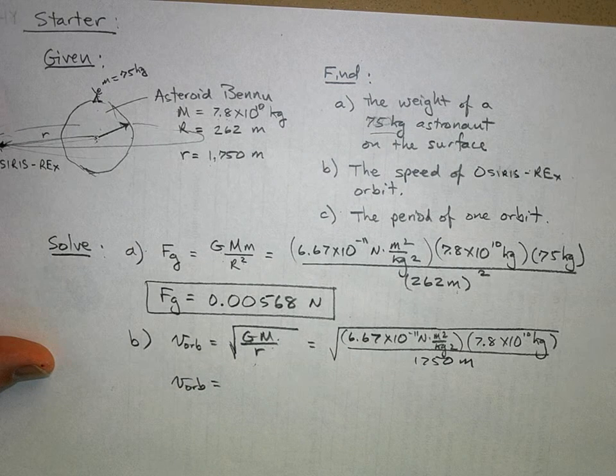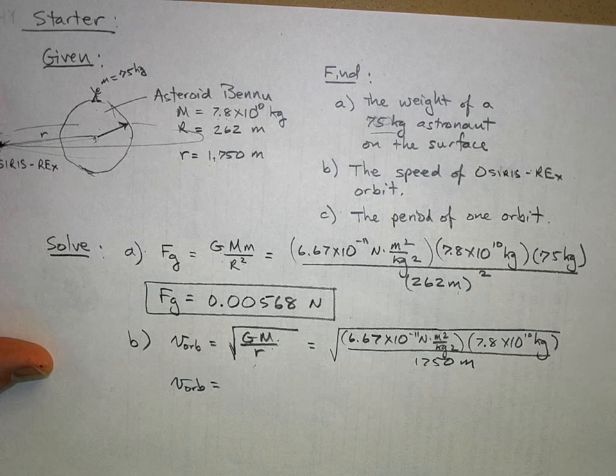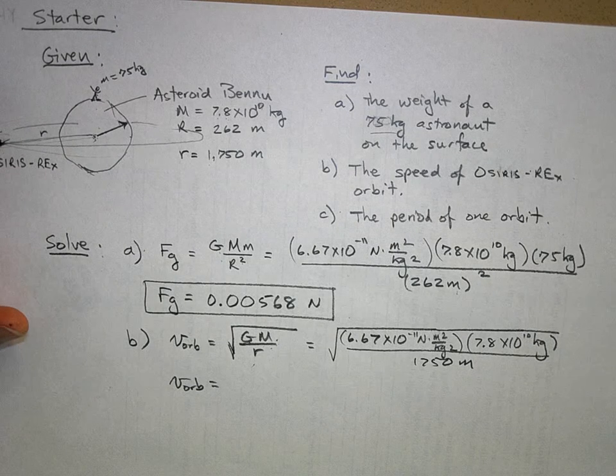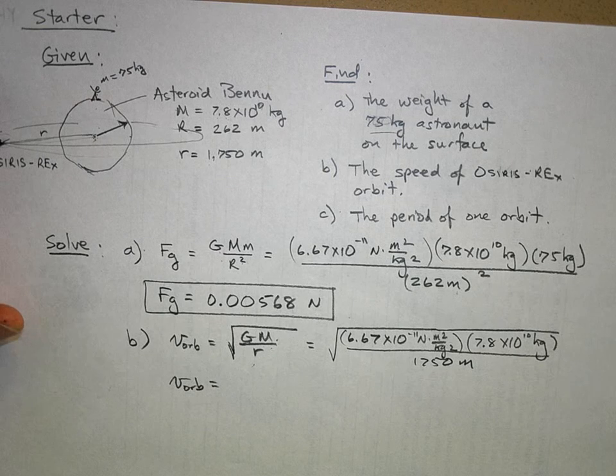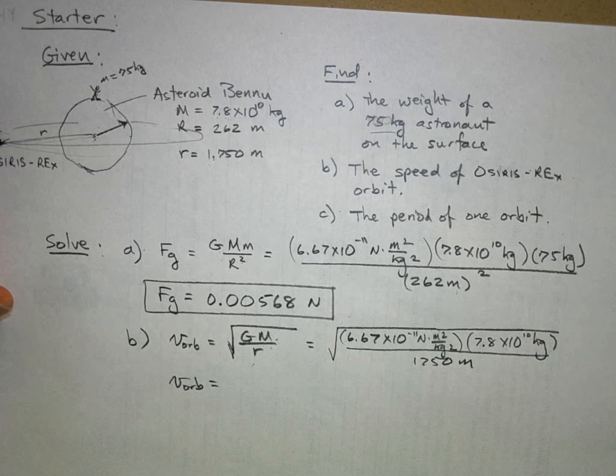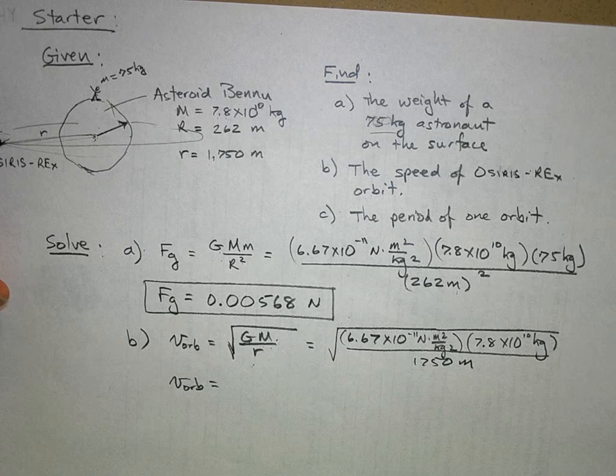So let's do this. 6.67 times 10 to the negative 11 times 7.8 times 10 to the 10. Then I'm going to divide that by 1,750.